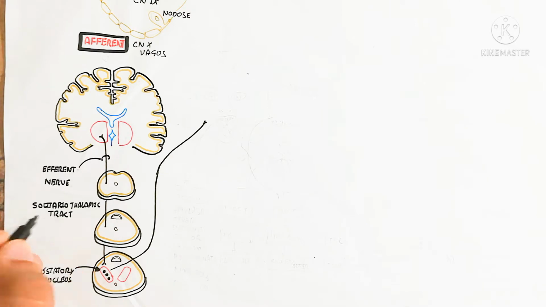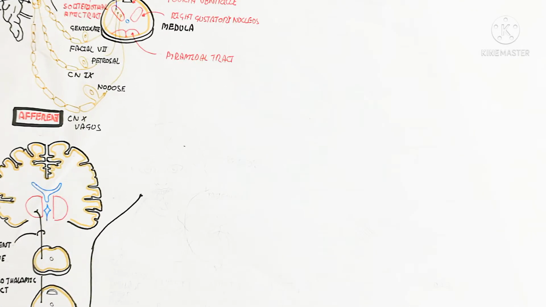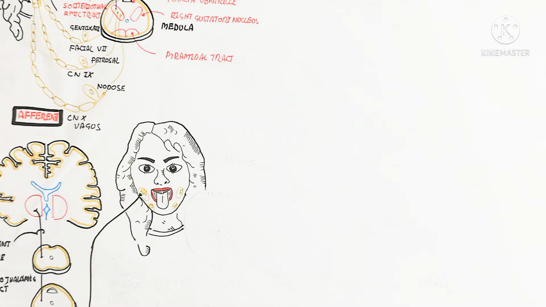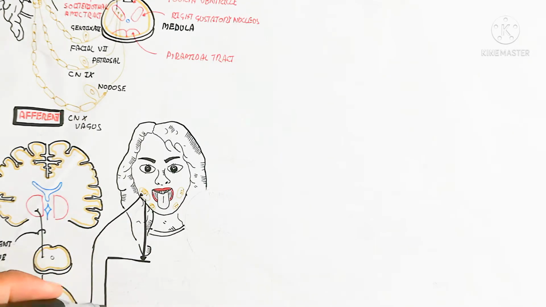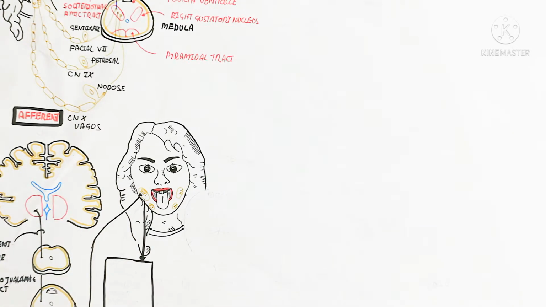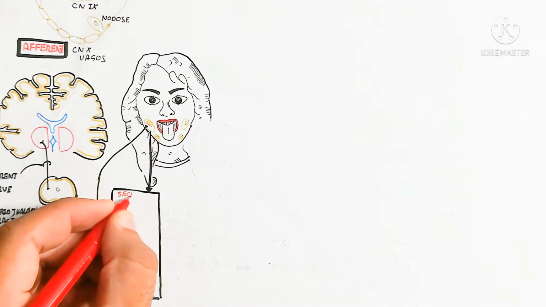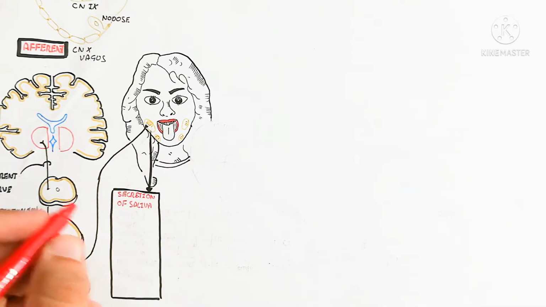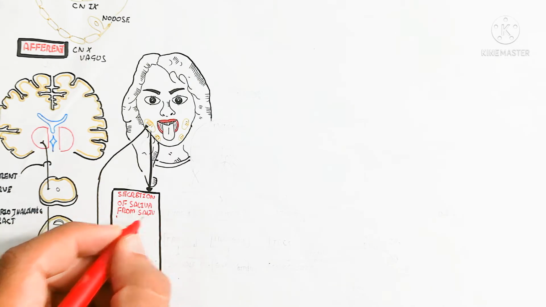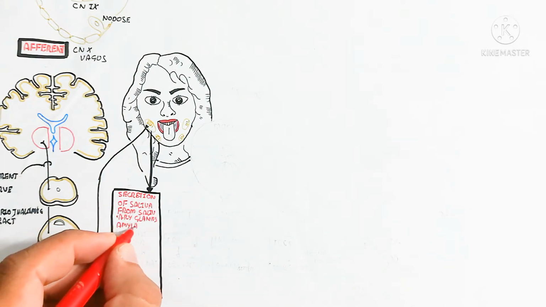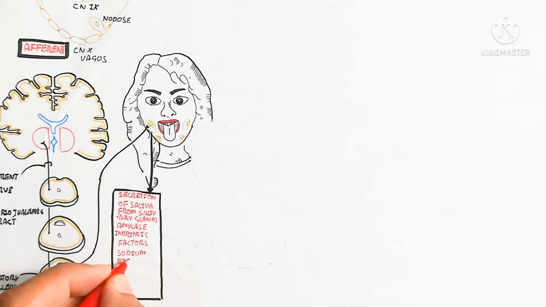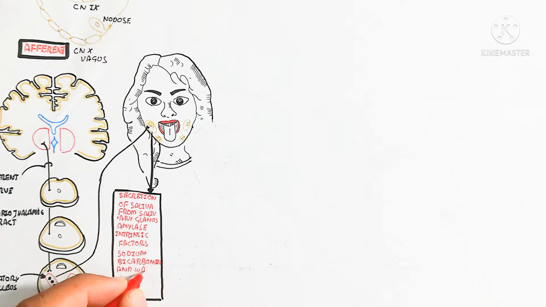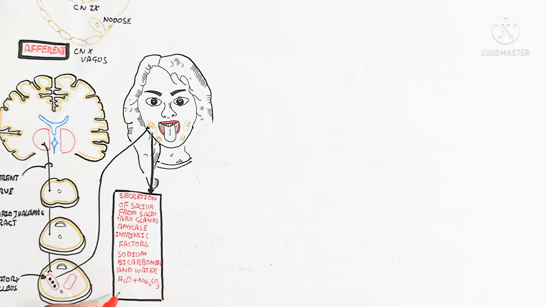So that was the afferent nerve, and here is the efferent nerve, with the solitariothalamic tract and gustatory nucleus. When it binds, neurotransmitter is released into the salivary glands, the maxillary gland and mandibular gland, as well as the parotid gland, which secrete saliva containing amylase, intrinsic factor, sodium bicarbonate, and water.